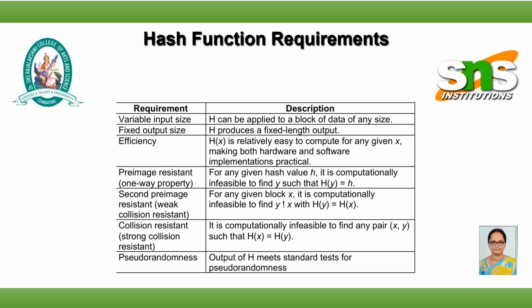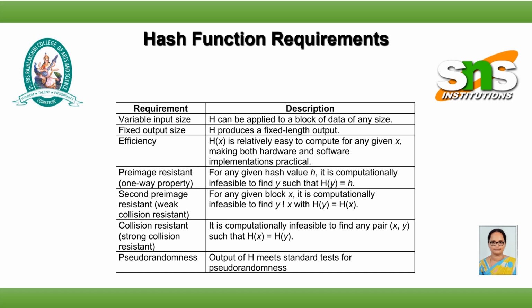Fixed output size means the output produced by the hash function should be fixed. So if we have specified 5-bit information, it should only have 5-bit information. Efficiency: the efficiency of implementing a hash function should be very high, and it should be easy to compute and perform the operations.